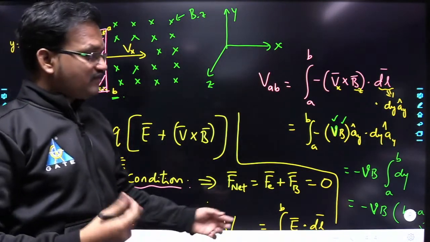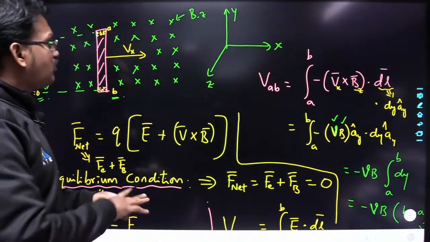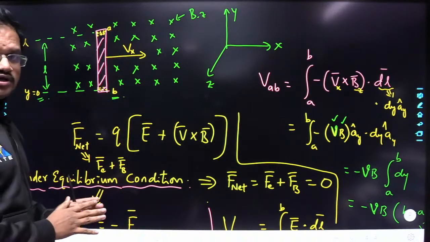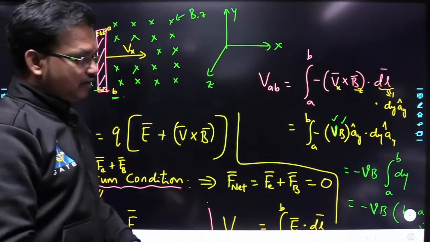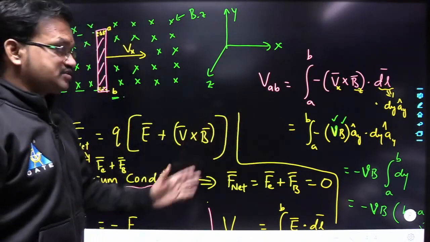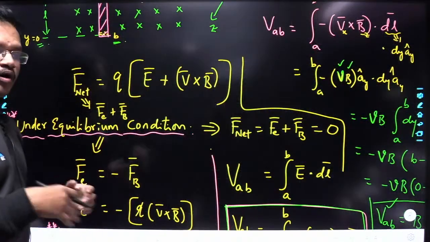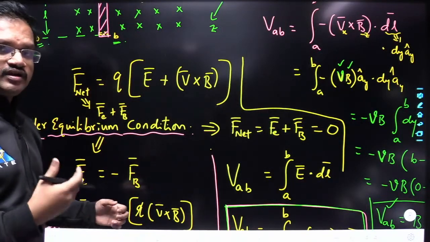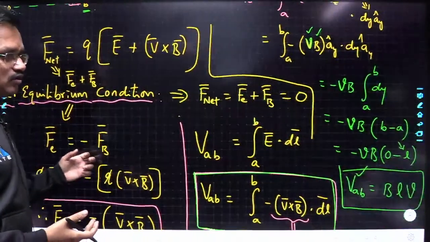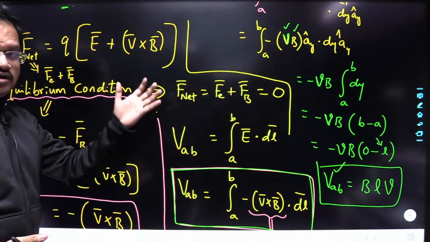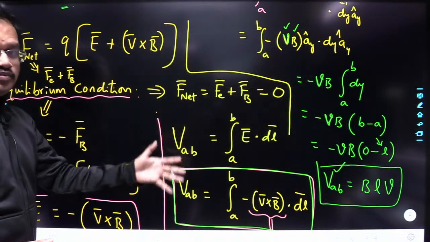Previously, we analyzed each and everything so that finally we could get the potential difference between A and B. Now you have understood the concepts clearly, so there is no need to follow that lengthy procedure.